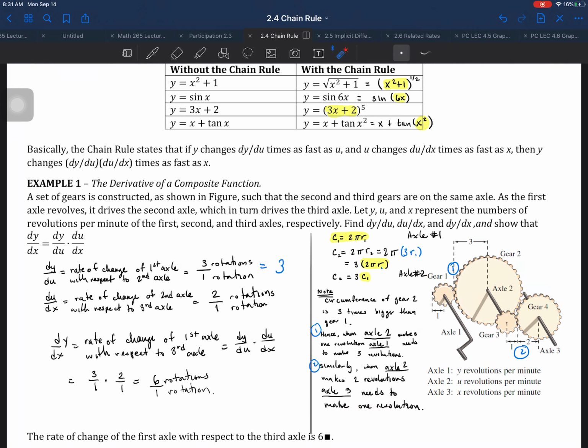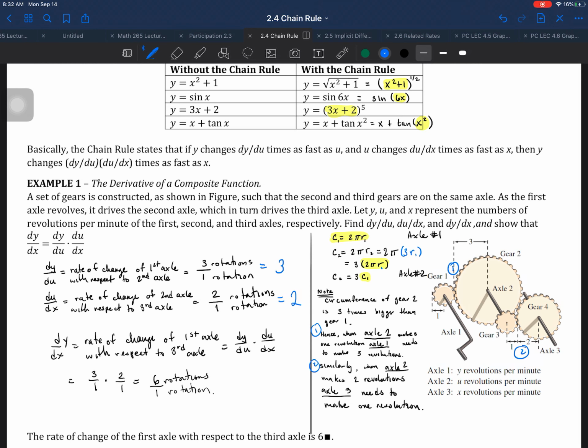So when we said dy over dx, the rate of change of the first axle, over here, the rate of change of the second axle with respect to the third axle is that you need to make 2 rotations on the second axle to make 1 rotation of the third axle. So that means we have 2 over 1, which implies we have 2, right?